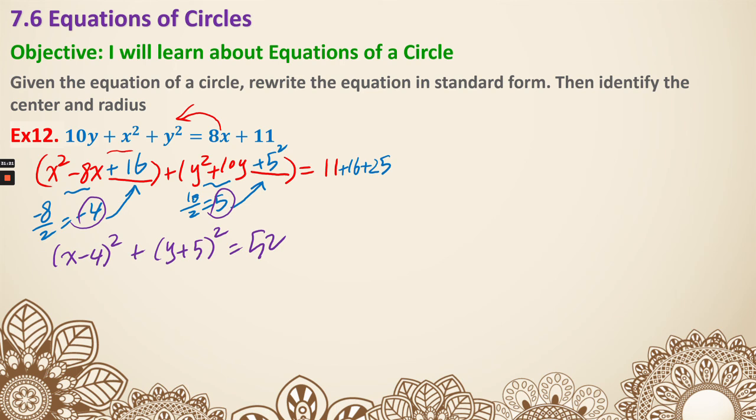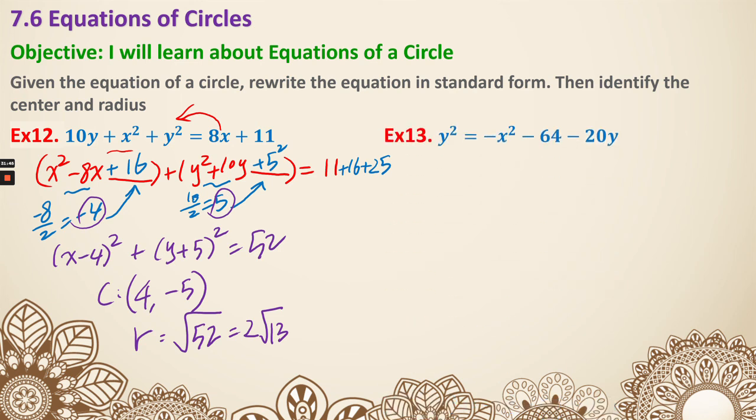So my center is going to be at 4, -5. My radius is going to be square root of 52, which actually is going to be 2 square root of 13 after simplifying the radicals.